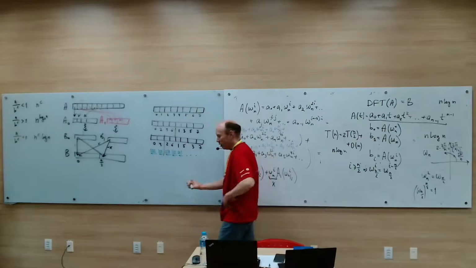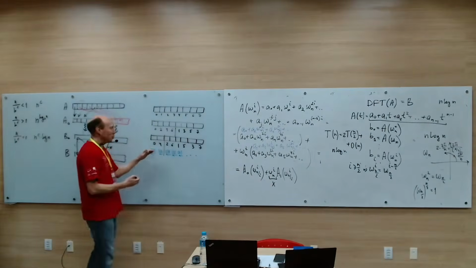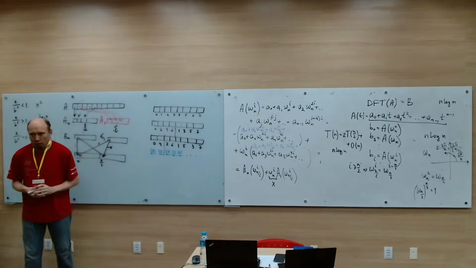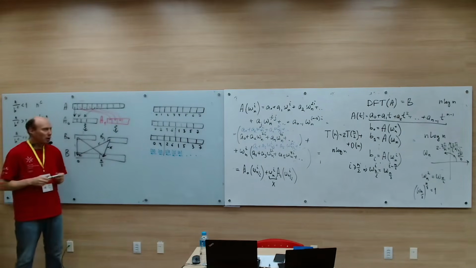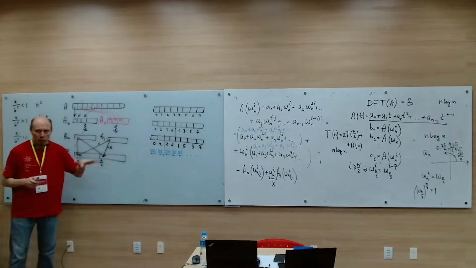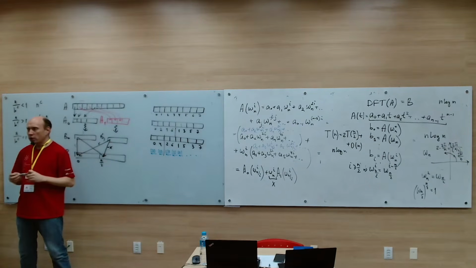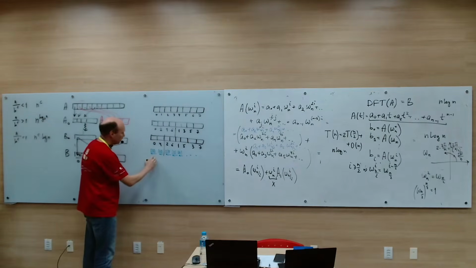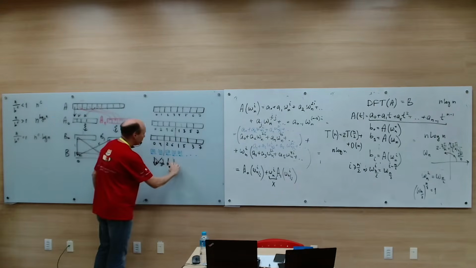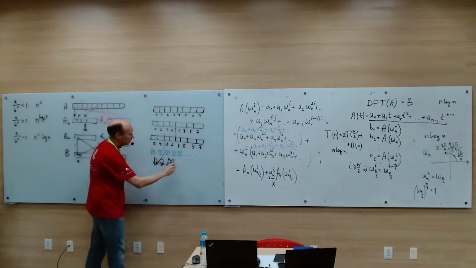So after you do this magic permutation, all that is left is the conquer stage. And if you look carefully at the conquer stages, you see that they're essentially the same. Because at the first step you apply this very small butterfly of size 1.